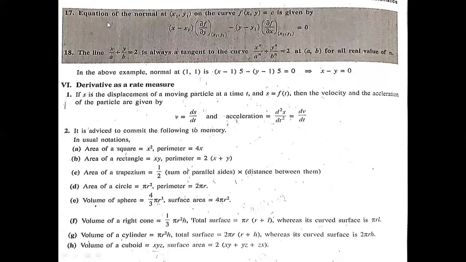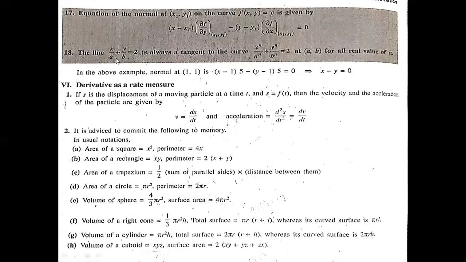Once again, equation of the normal at (x1, y1) on the curve f(x, y) = c. Here also we are applying the partial derivative. So this is the condition for the given curve: (x − x1)·∂f/∂y at (x1, y1) − (y − y1)·∂f/∂x at (x1, y1) = 0.